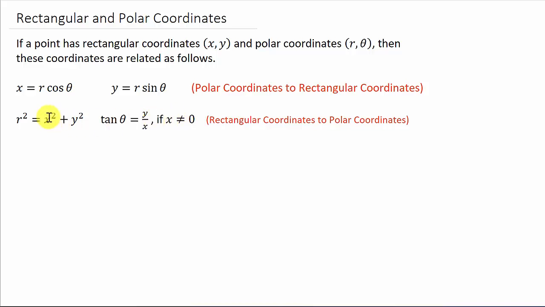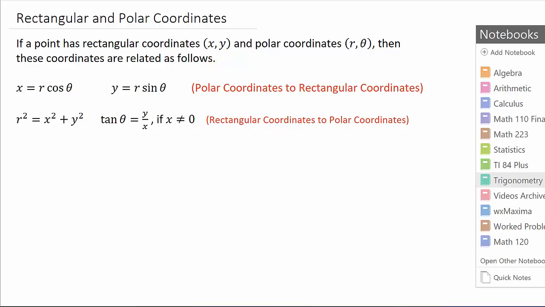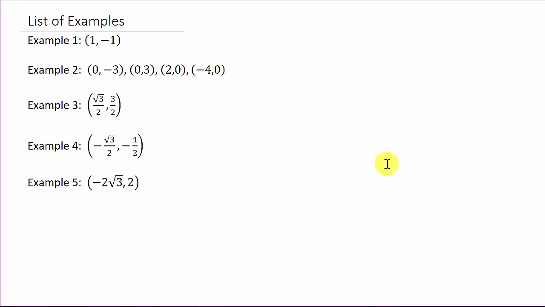And just remember, r and theta, that's the polar coordinate. X and y, that's the rectangular coordinate. And what I'm going to do is I've got several examples, and each example will have its own video because they might take a little while to do on some of them. But here's the examples.